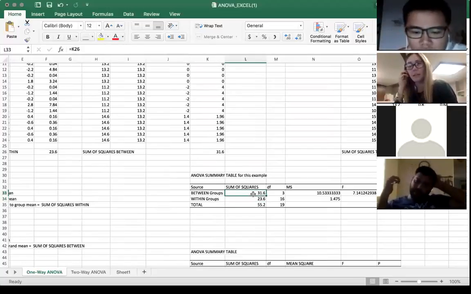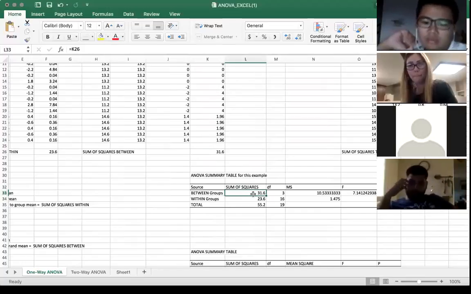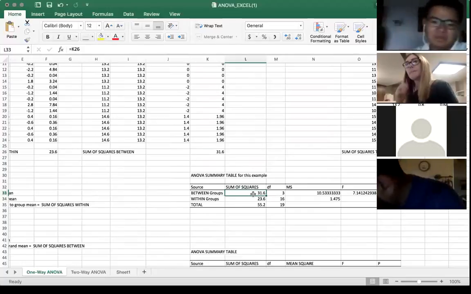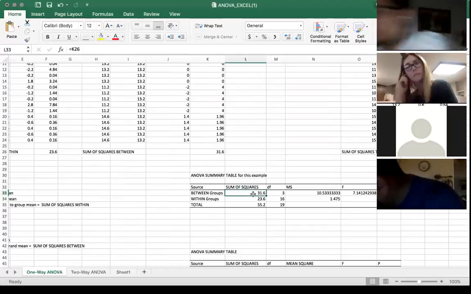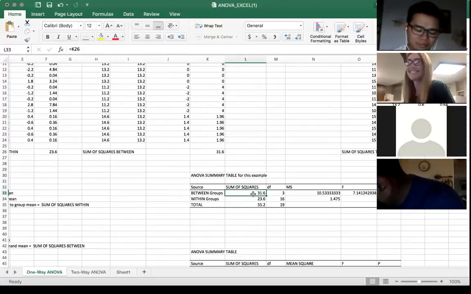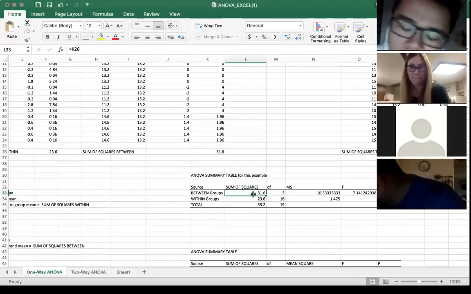If we just compared sums of squares, that wouldn't really make sense because we do not account for how many groups there are and how many people there are. It's kind of like if you want to calculate an average and you just add up all the numbers, you also have to divide by the number of numbers that you use to calculate your sum, right?